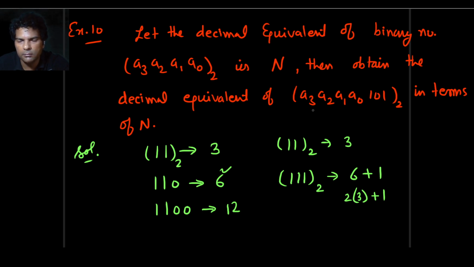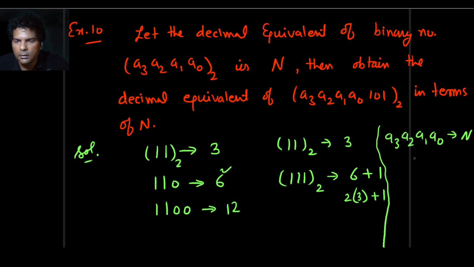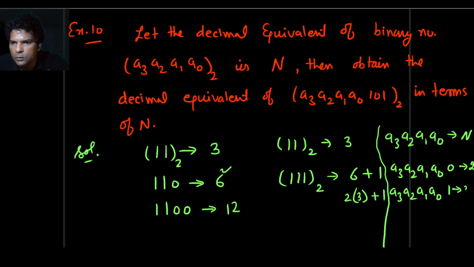Now I think the concept is easy. So you do this: A3, A2, A1, A0, this is N. Now A3, A2, A1, A0, 0 is 2N. A3, A2, A1, A0, 1 is 2N plus 1.